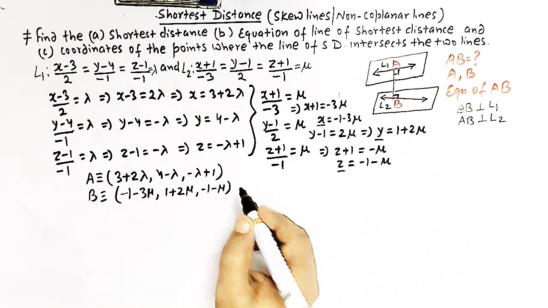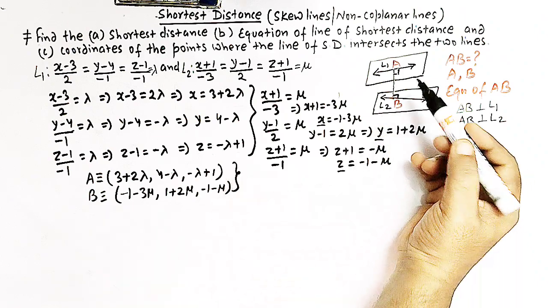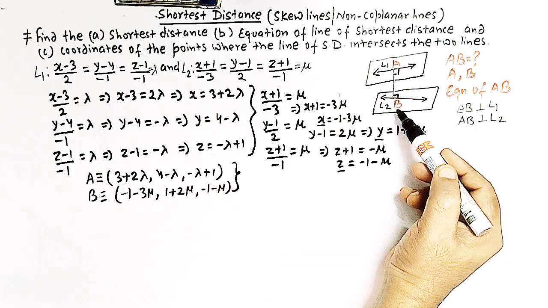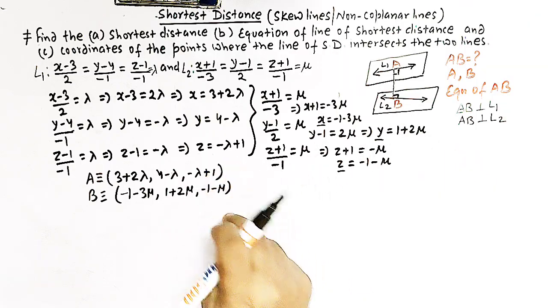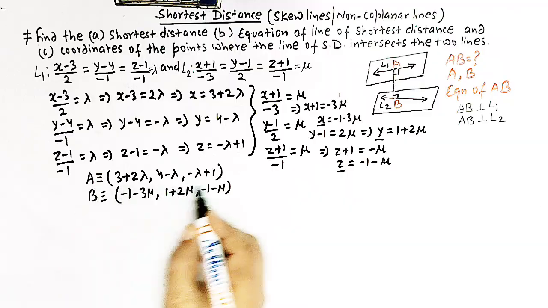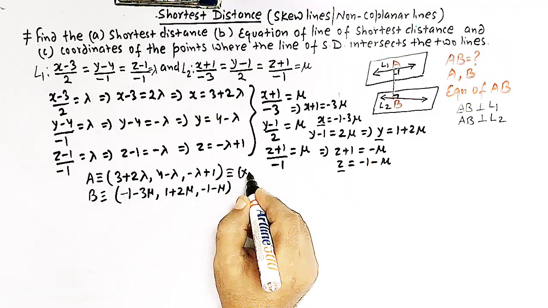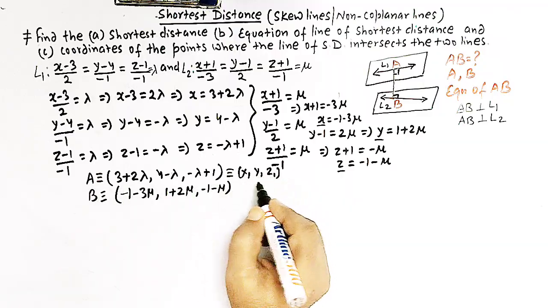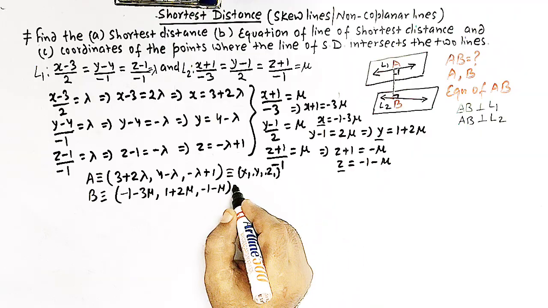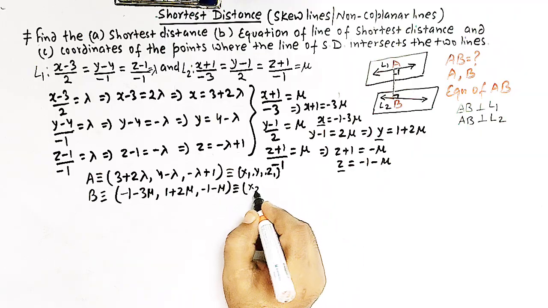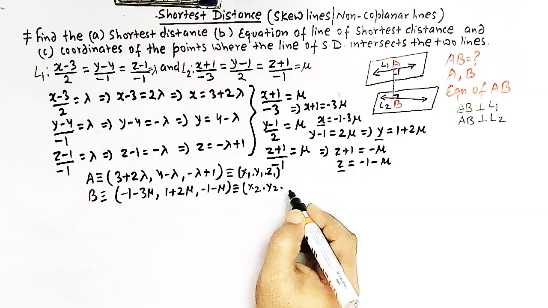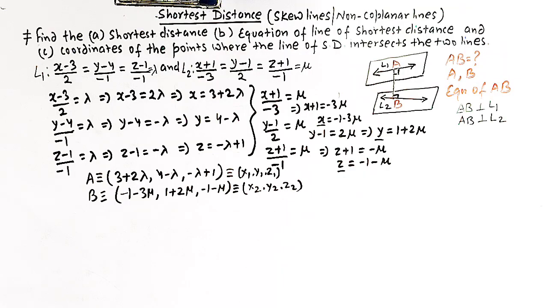So here we now have the coordinates of point A and point B. Let us assume that the point A is x1, y1, and z1, and this point B may be considered as the point x2, y2, and z2, right?